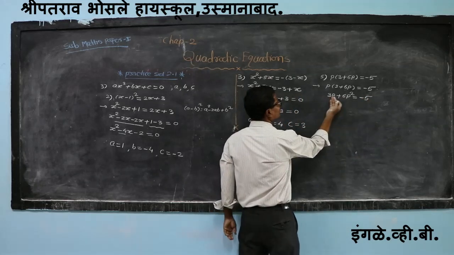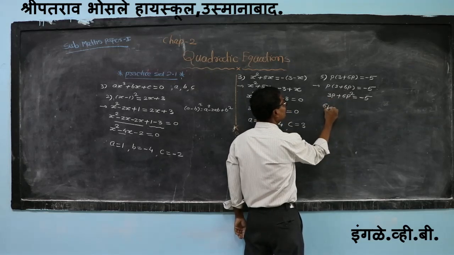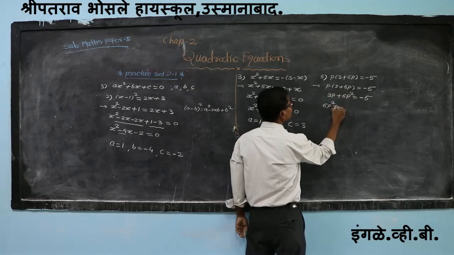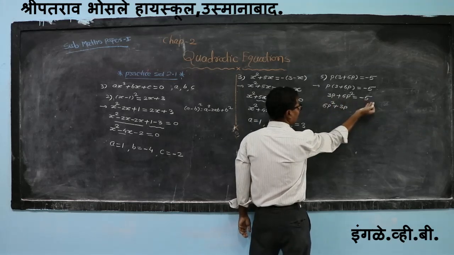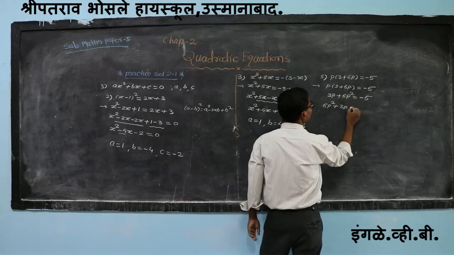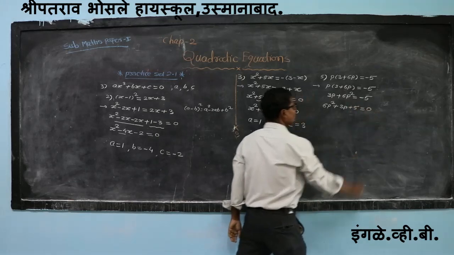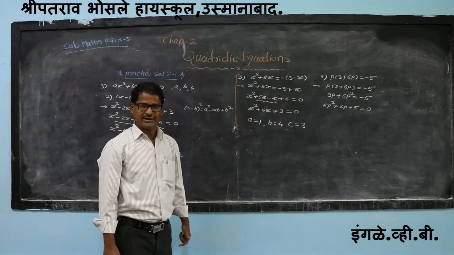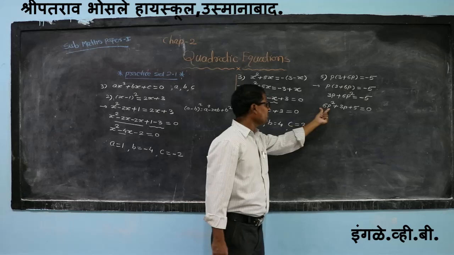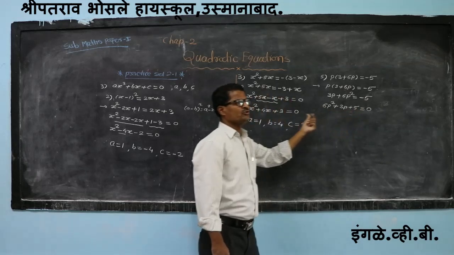Here we change the term to the left hand side, there is no change in the sign. So 6p square plus 3p. Minus 5 will take to the left hand side, becomes positive. Plus 5 is equal to 0. Here we convert the given equation in standard form. Now 6p square plus 3p plus 5 is equal to 0.